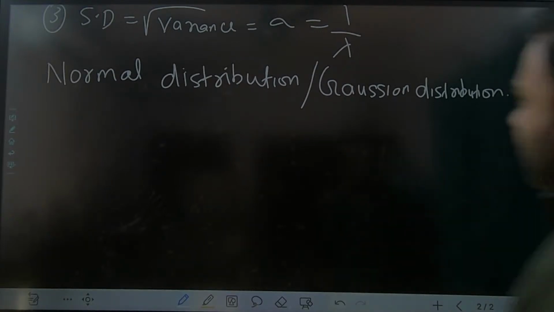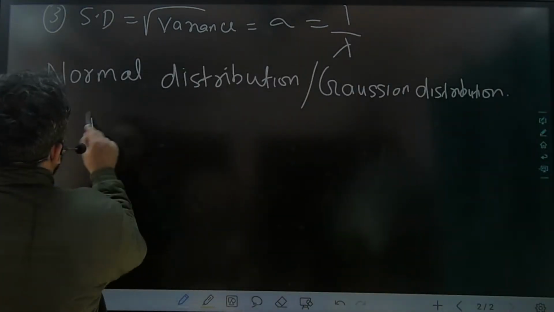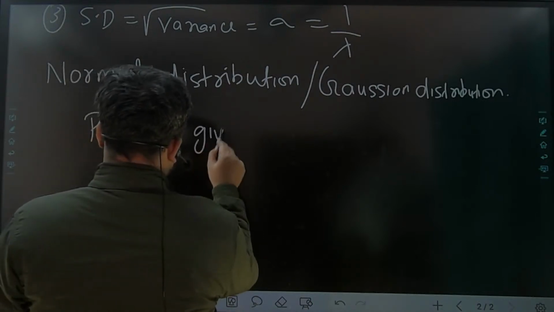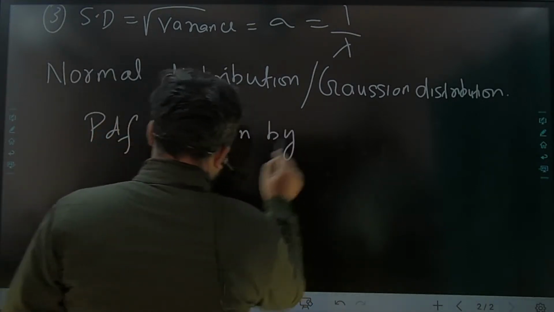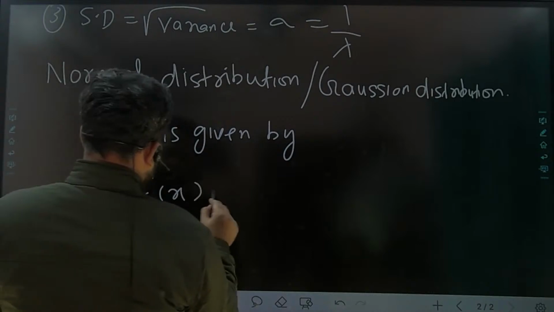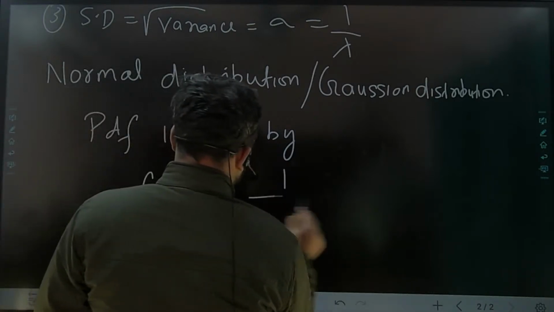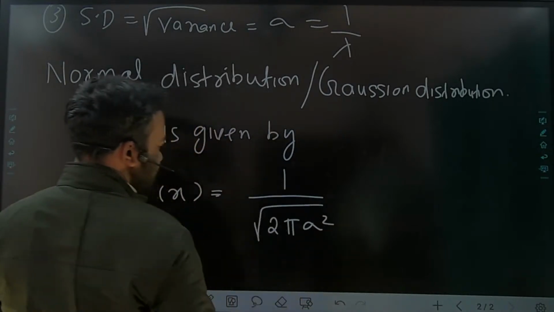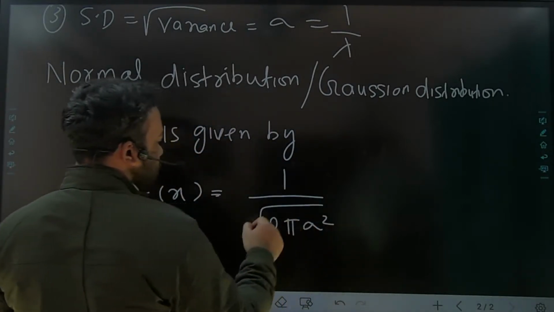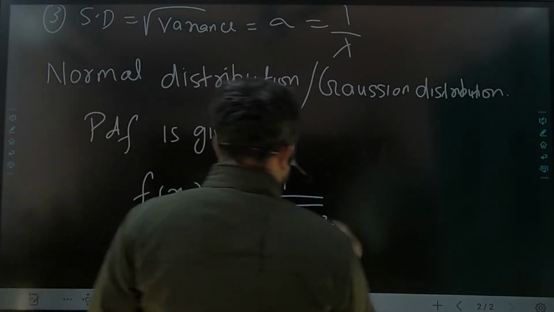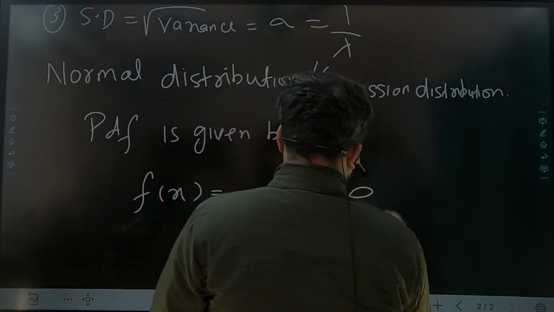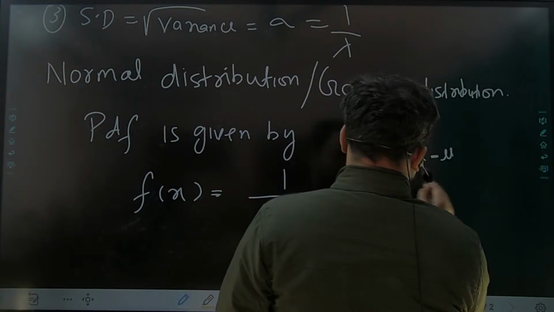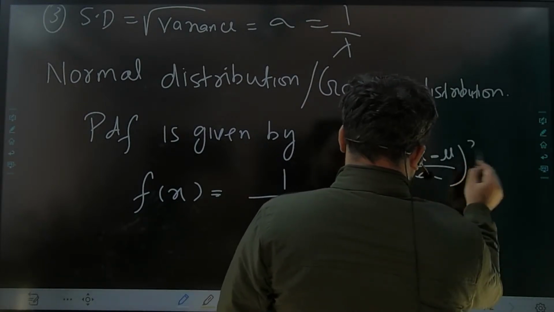Here the probability density function is given by f of x equal to 1 upon root over 2 pi sigma square, or you can take it out, it will be sigma into root 2 pi, multiplied with e raised to power minus half, x minus mu by sigma, whole square.